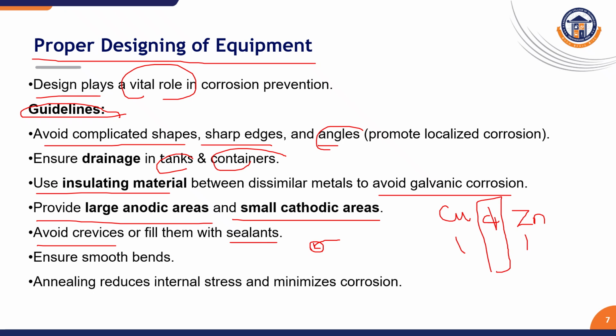Moisture means water molecules present in the environment, which we call humidity. When moisture enters the space or gap, it leads to corrosion, as if it acts as an impure metal. Ensure smooth bends. The bend should not be like this; it should be smooth, like this curved structure. Annealing reduces internal stress and minimizes corrosion. These are all proper designs of equipment.